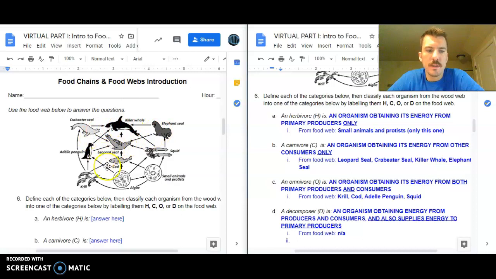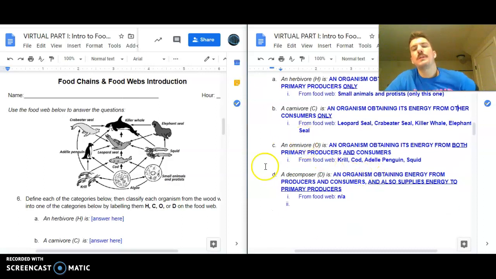Every other organism receives energy from algae. These do not. So these 4 are carnivores.